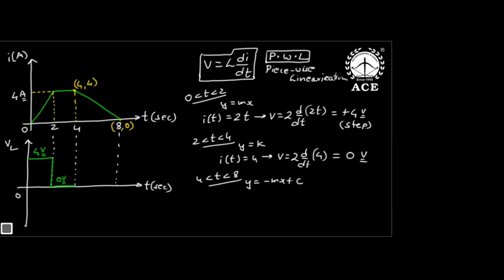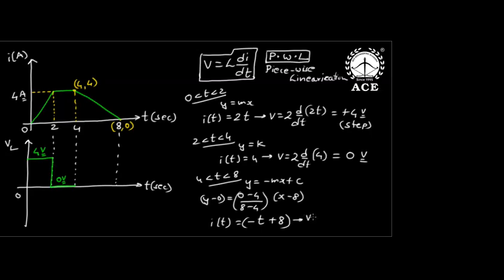If I use that formula, y minus y1 is equal to (y2 minus y1) by (x2 minus x1) into (x minus x1). The y-axis is the current axis. Slope is minus 1, so this is minus t plus 8. This is the current function.